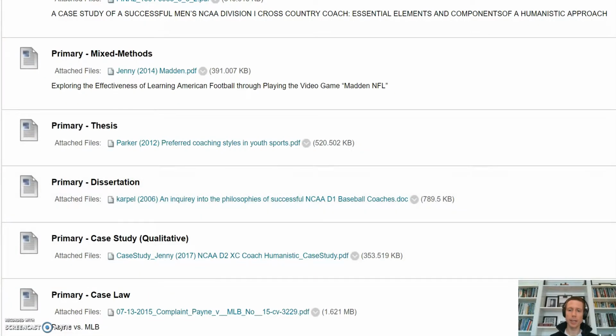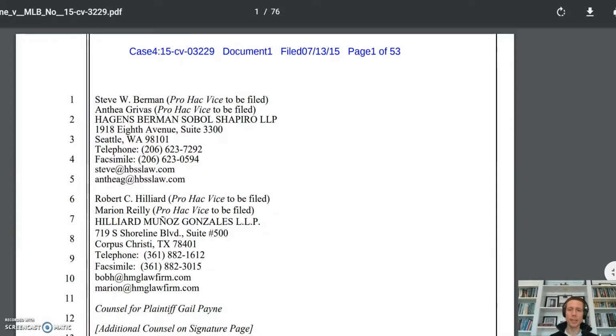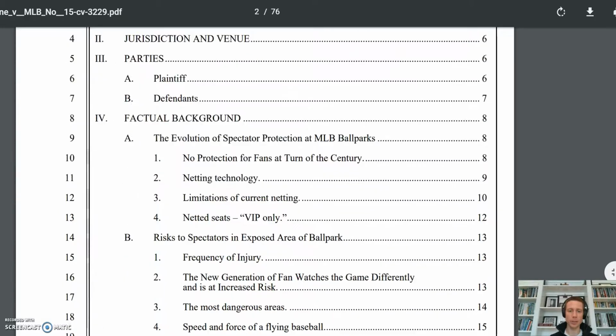All right. One last, when you look at some of the business literature, here's a sport management related, what you call case law report. And this could be also considered primary research.